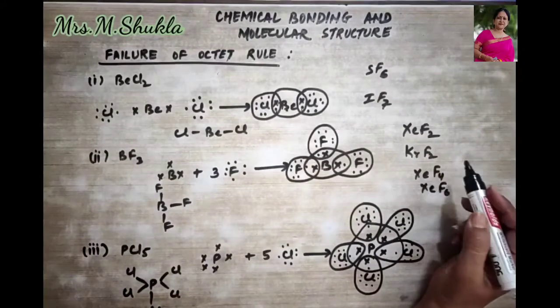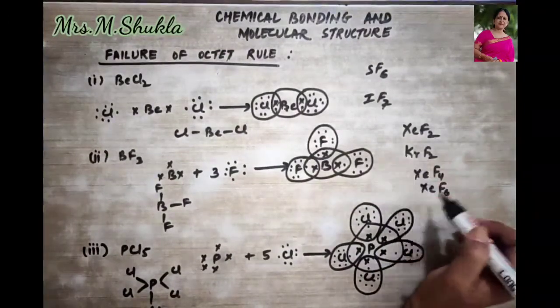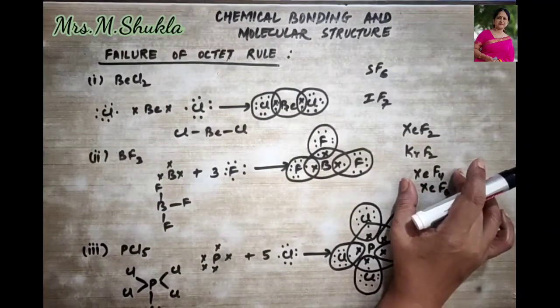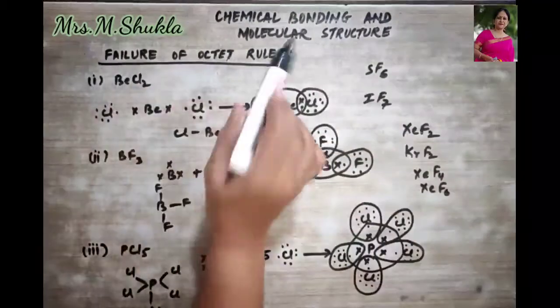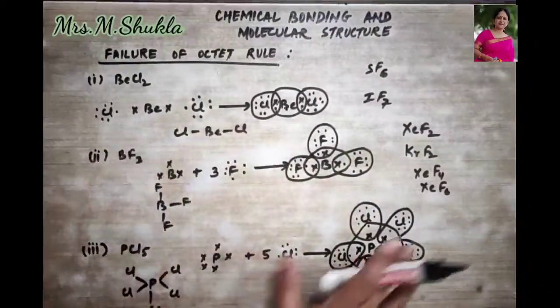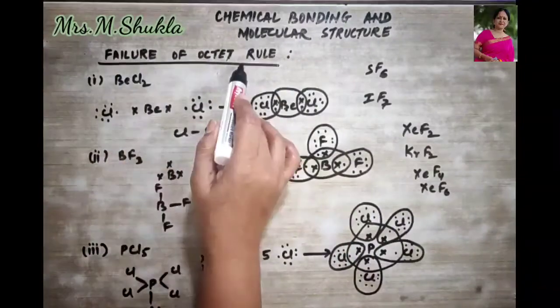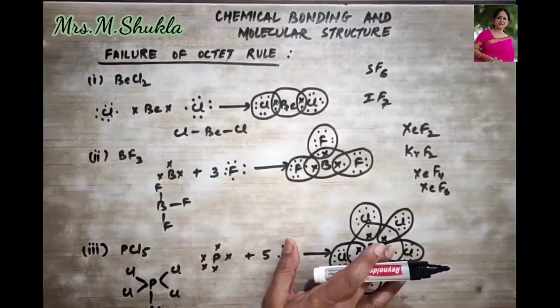So these all go against the octet rule and form stable compounds. So I hope you have understood that certain compounds are stable but do not follow the octet rule, right?